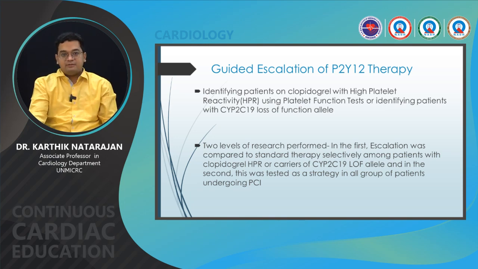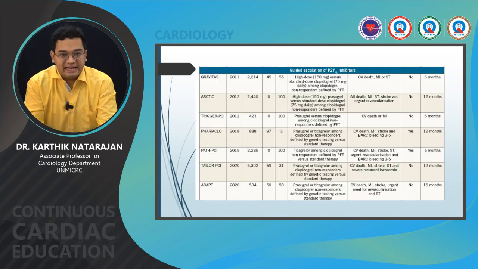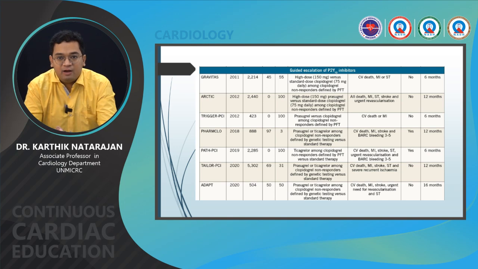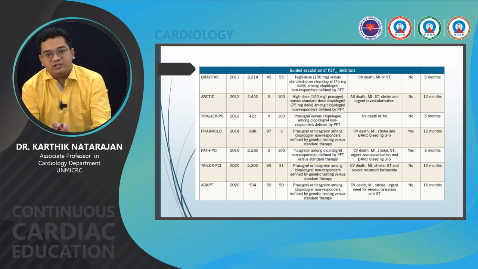These trials, which include the TAILOR-PCI trial, although not significantly positive, have shown a trend towards decreased MACE rates. If a large randomized trial planned in the future shows that going for platelet function testing or pharmacogenetic testing, identifying these patients, and then putting them on ticagrelor or prasugrel from the beginning results in a long-term reduction in MACE events, that would be valuable.